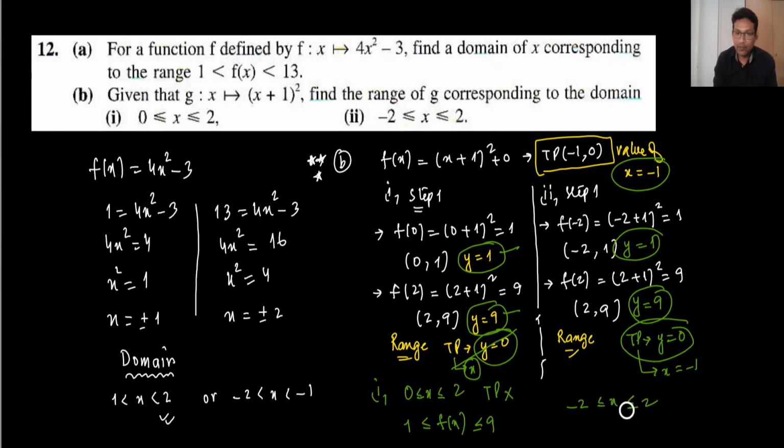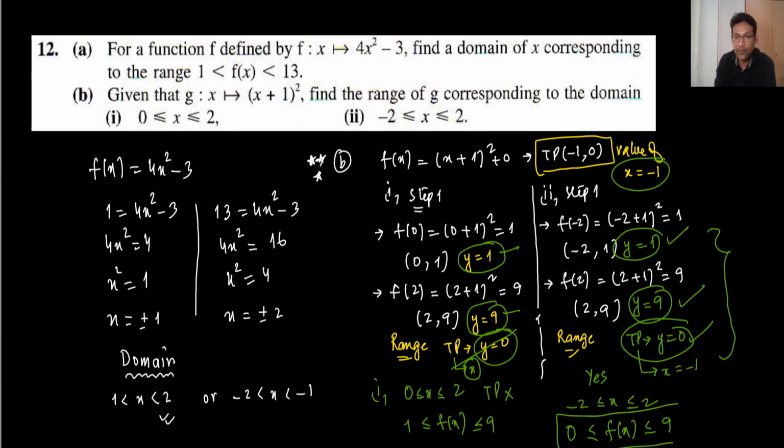If minus 1 lies in it, then I have to use the turning point. I have to use all three coordinates. Now in all three coordinates, what is the minimum value of y, because the turning point is involved now? The minimum value is 0 and the maximum value is 9. So now we have a different answer because of the turning point, unlike here.